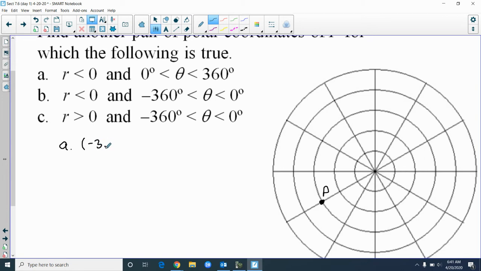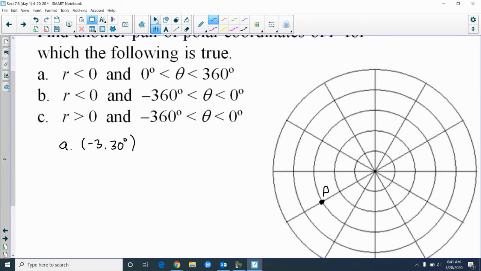So negative 3, 210. So not 210. Negative 3, 30 degrees, sorry. So negative 3, 30. So if I go to 30 degrees, positive 3, and then the negative 3 tells you go through the origin back to the other side. It's always going to be 180 degrees difference when you do that. So negative 3, 30 is the same as 3, 210.